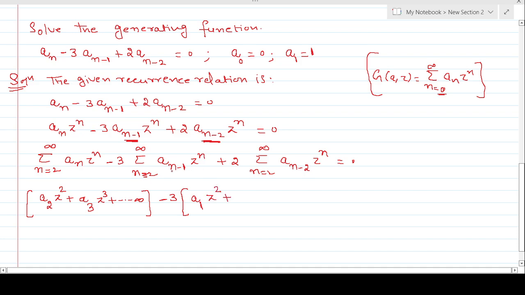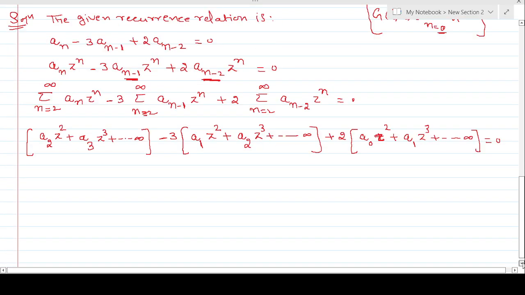Set n equal to 3: 3 minus 1 is 2, so it is a2 and z cube, and so on. Plus 2 times, set n equal to 2: 2 minus 2 is 0, so it is a0 into z raised to the power 2, plus set n equal to 3, so it is a1 into z raised to the power 3, and so on, equal to 0.